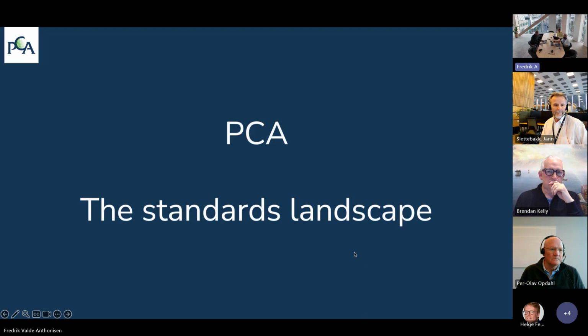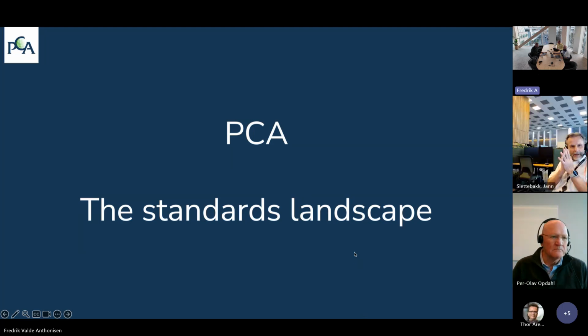Good. So what I want to talk about today is what at least I call the standards landscape. There are a lot of different standards being used in this space. Some are used by PCA, some are used by others, and it might be difficult for those that aren't far into the details to really know what the differences between them are.